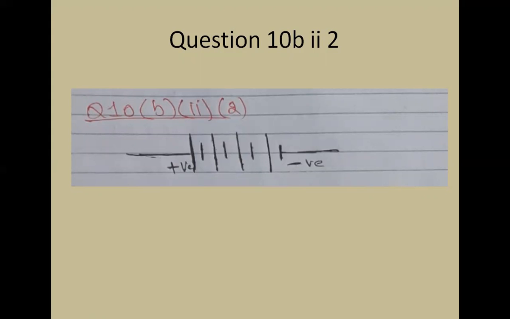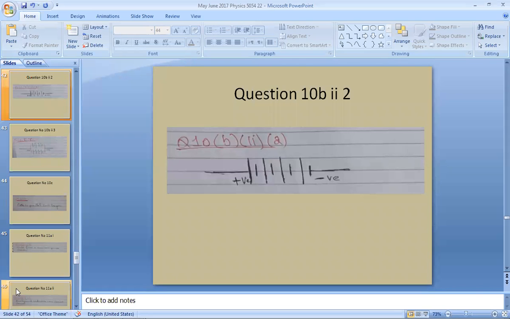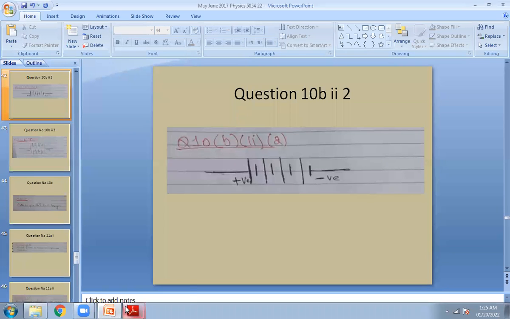Each cell is 1.5 volt, but when you connect them in series, like I have shown, their EMF is added up. So 1.5 plus 1.5 plus 1.5 plus 1.5 will give you 6 volts. So this is how you will show. Okay, so this is question number 10, B part and second portion.